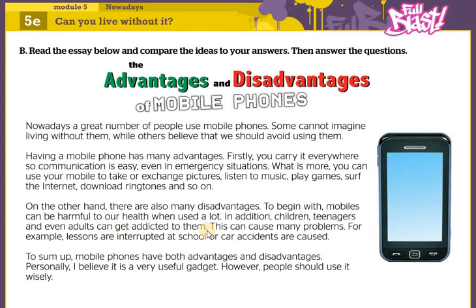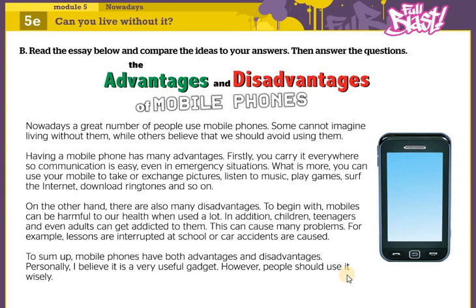These are ideas by which you support your idea, you make it clear and good to hear. Last paragraph: to sum up. We call this a conclusion paragraph. To sum up, mobile phones have both advantages and disadvantages. Personally, I believe it is a very useful gadget. Gadget, or we call it a device; gadget is an old word for a device.